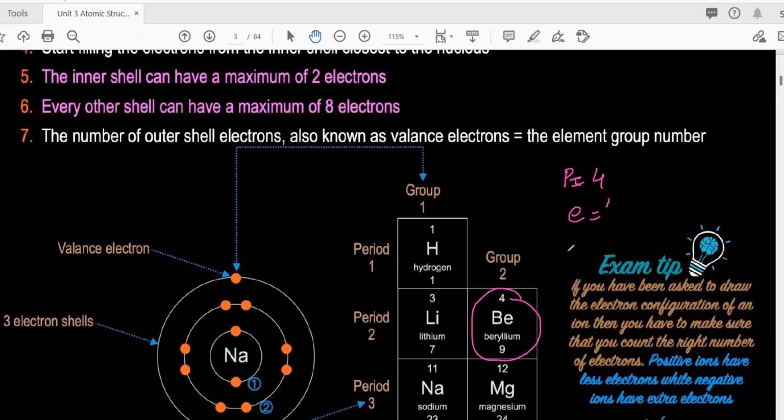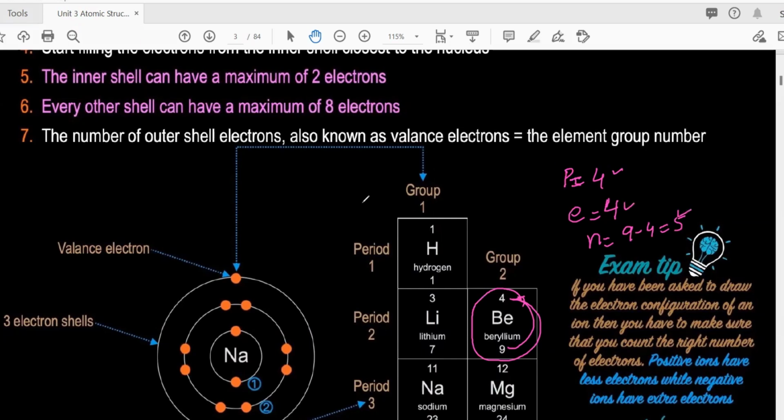Proton is always equal to electron. If 4 protons, 4 electrons. And how will you find neutrons? Mass number 9 minus 4 equals 5. Now we know that there are 4 protons, 4 electrons, and 5 neutrons.